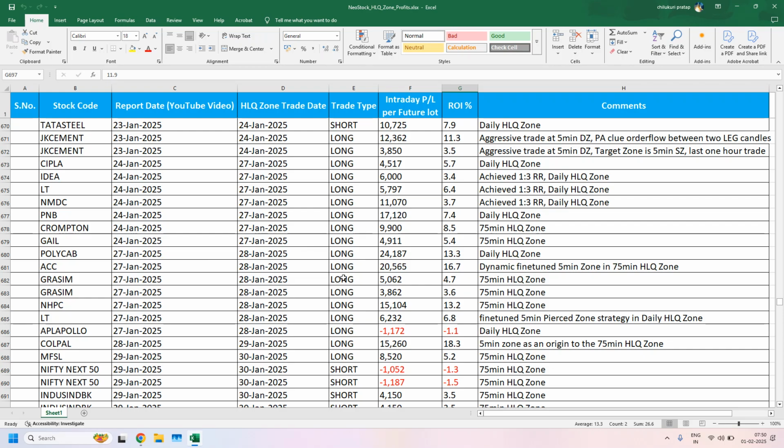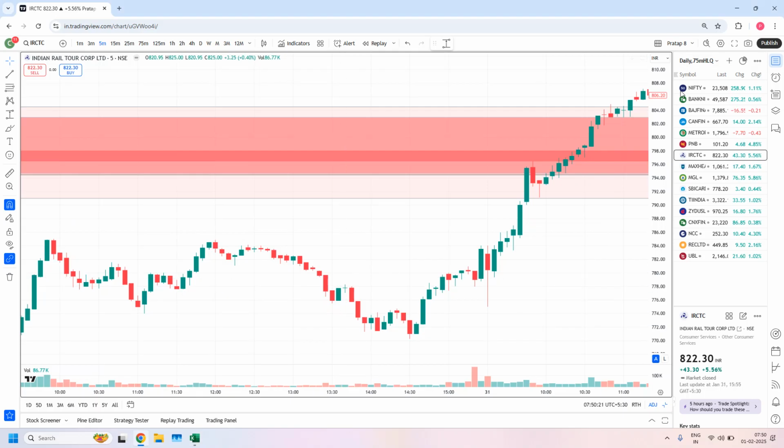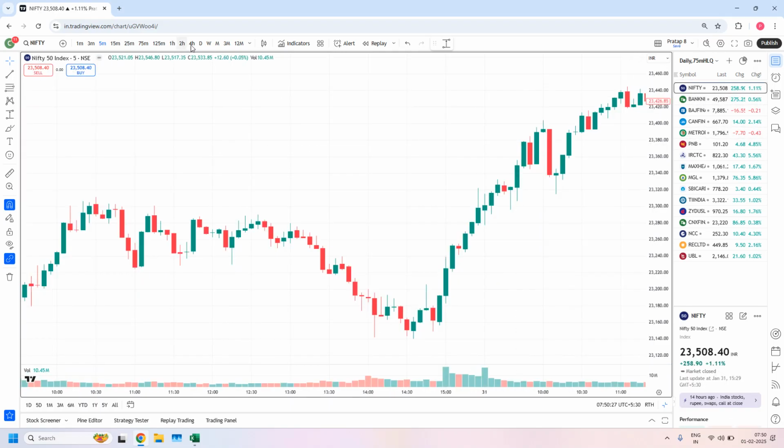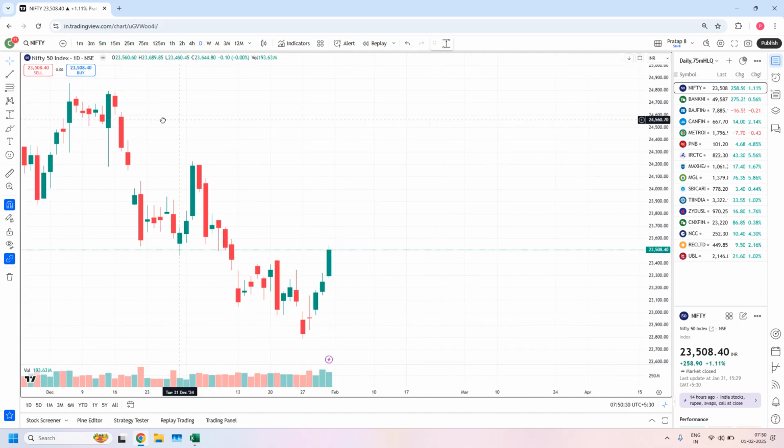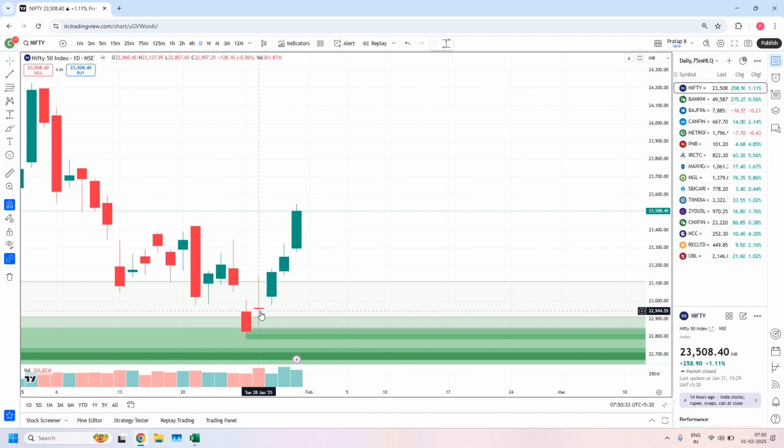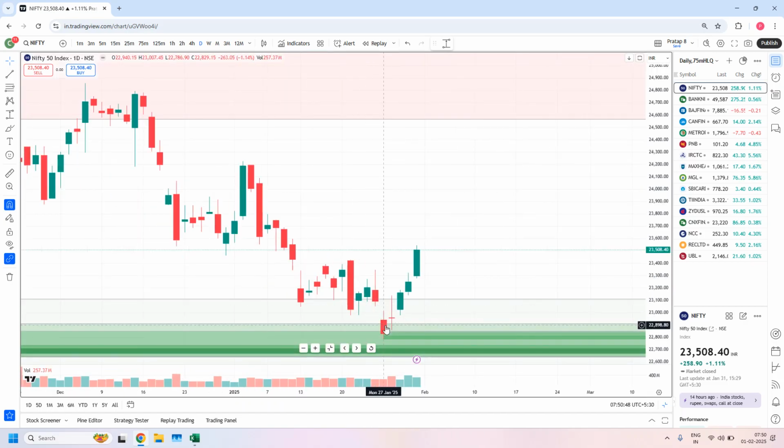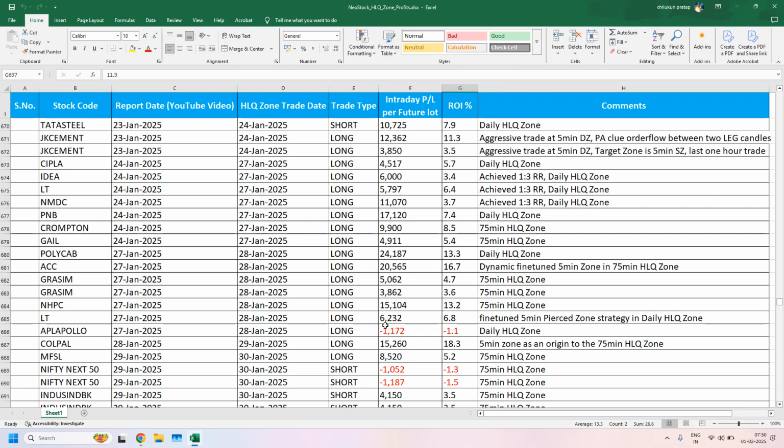And moreover, I think 27th January is a bearish day, right? 27th January. Let me look into the Nifty. See, this is the 27th January. It's a bearish day. See, with the gap down, market is down with gap down. See, 27th January, we got long trades, all long trades.